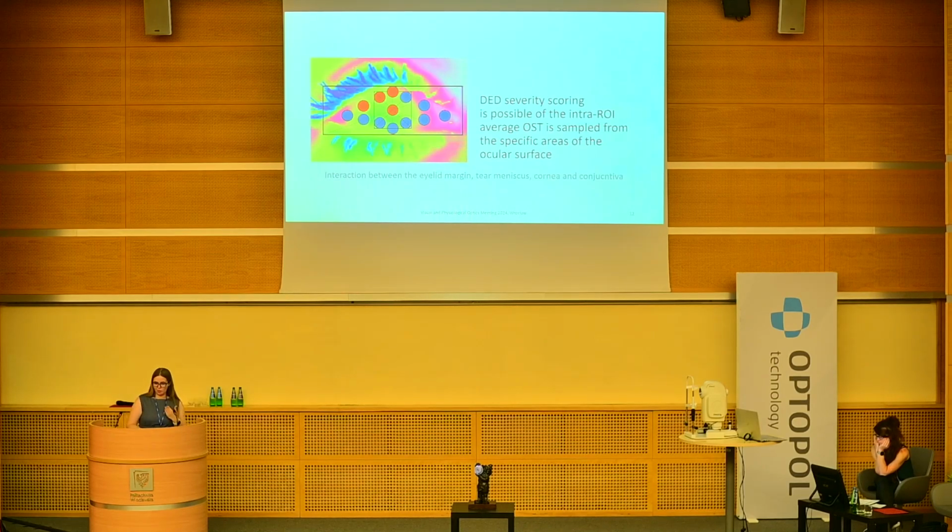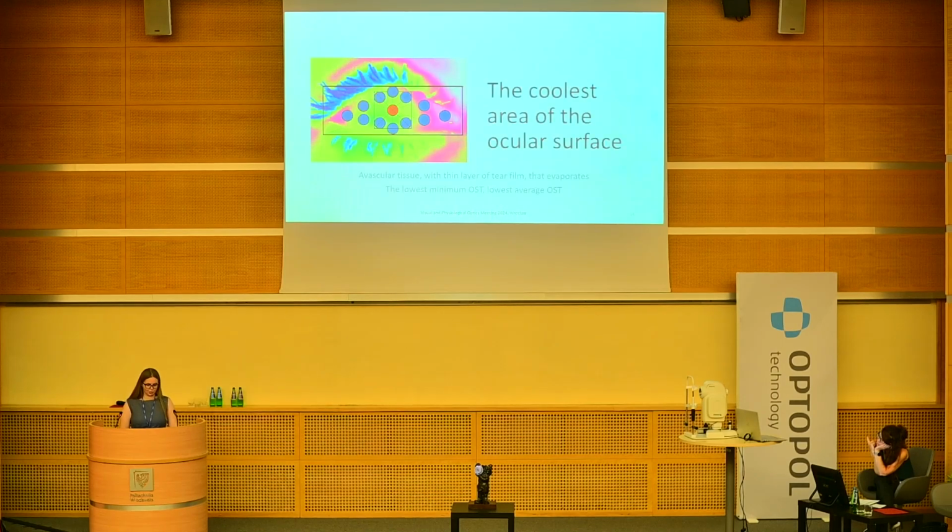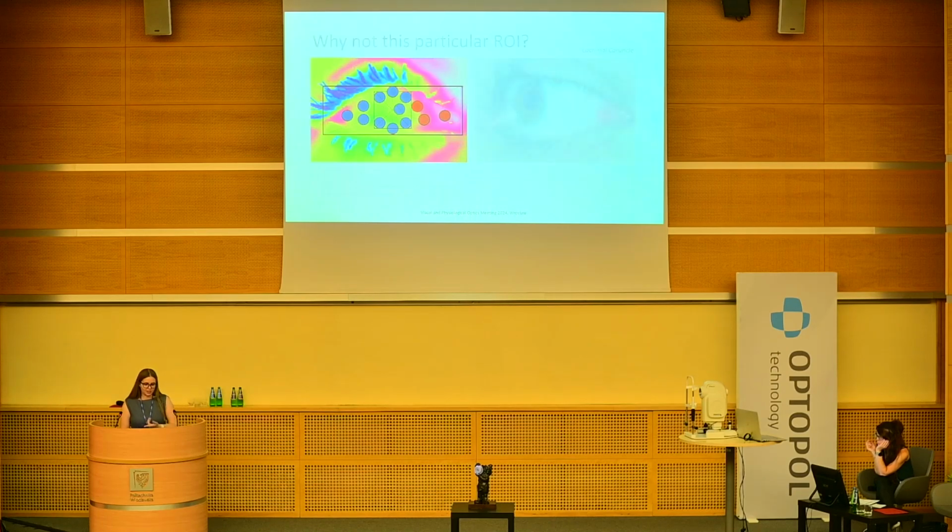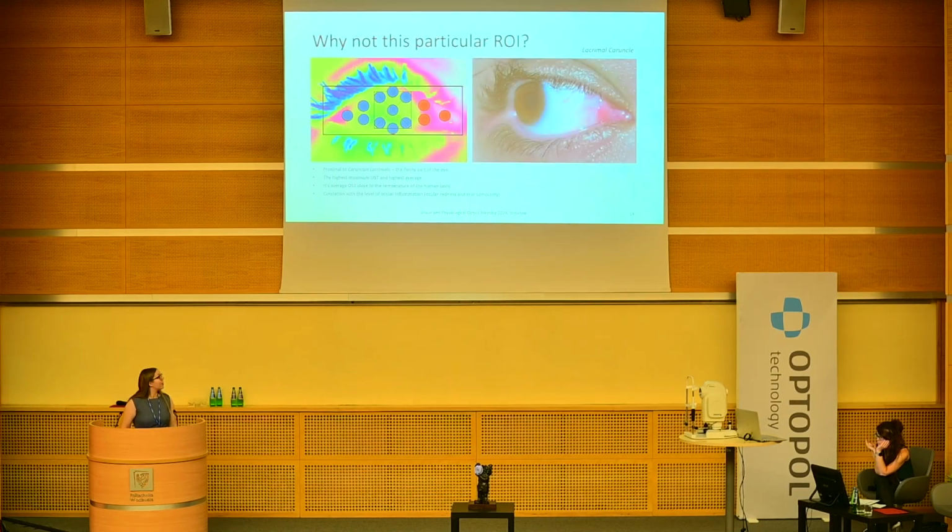But then some of you may ask, why not these other, the blue ones that are on the nasal side of the ocular surface? Why just these two? The cornea was already well defined as the coolest area, but why not these? The particular ones on the nasal side and the tarsal side of the ocular surface.